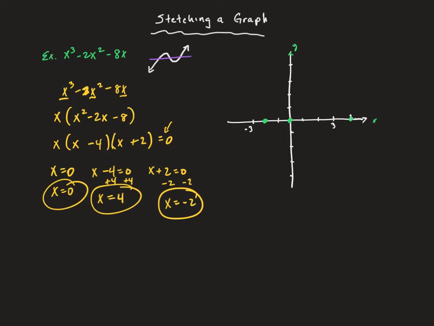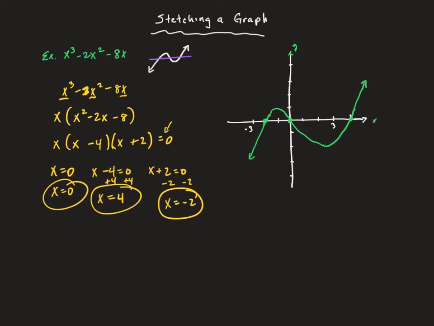So I know that my end behavior is going to do that and that. I don't know what my y values are going to be, but I know the general shape is going to look like that. I'm able to graph that just by plugging in my roots and knowing my end behavior. So that is sketching my graph.